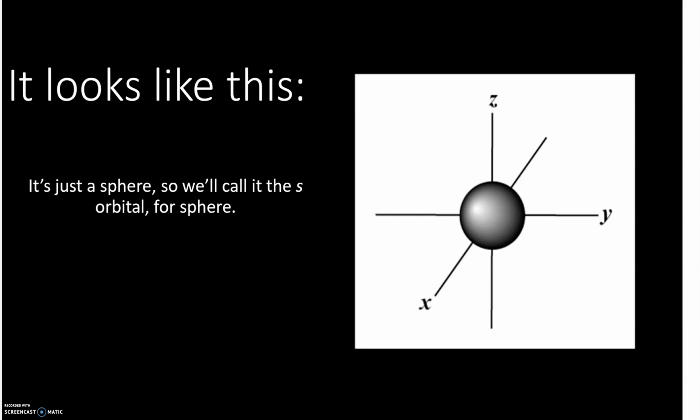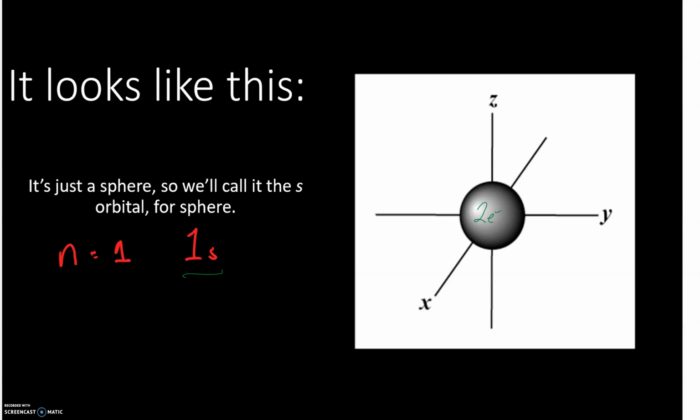So when we're at energy level 1, there's only one type of orbital available. It's an s orbital, and because it's on the first energy level, we'll call it the 1s. This can hold a total of 2 electrons.